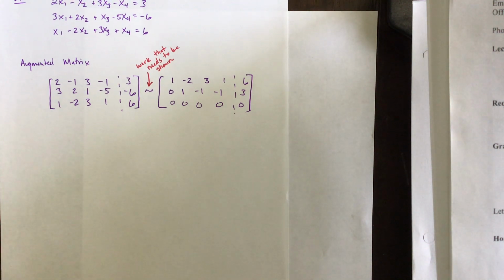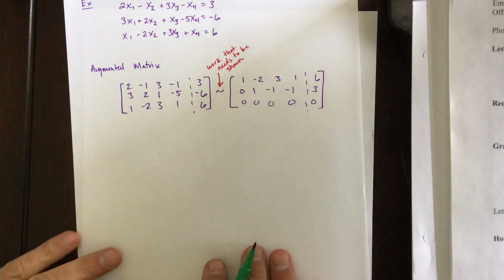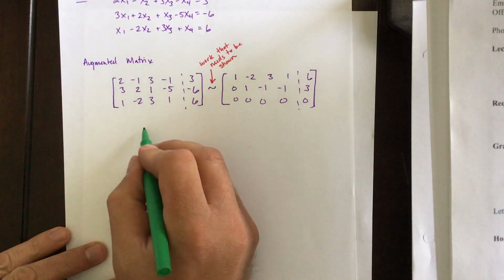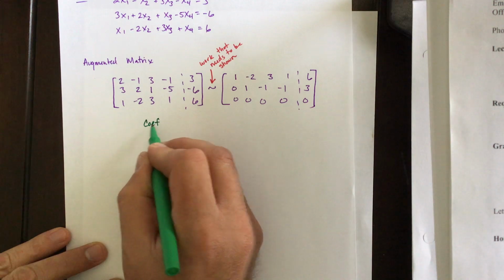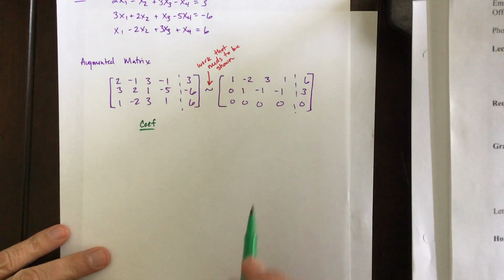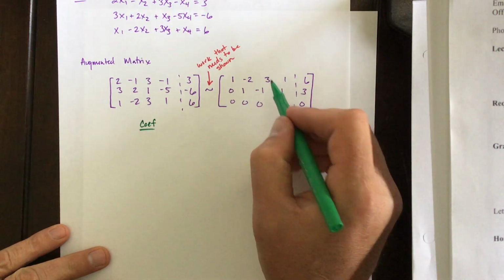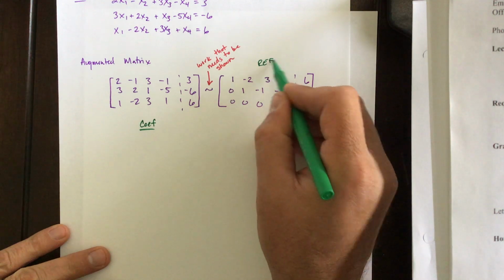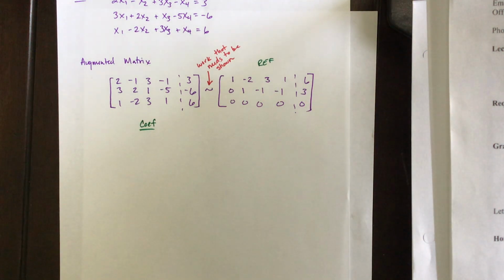Here, let me write down the coefficient matrix, for the reduced row echelon form. Actually, this is row echelon form. Sorry about that. Let's make this into reduced row echelon form.